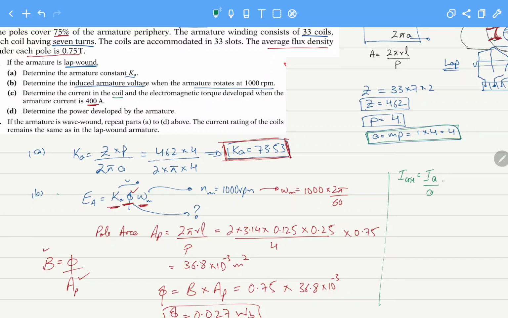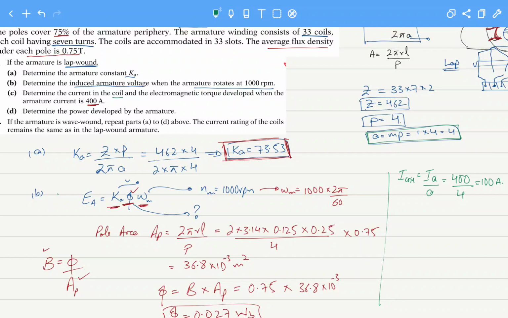So this will become the total armature current, 400, divided by 4, which equals 100 amperes. This is the current in the coil.